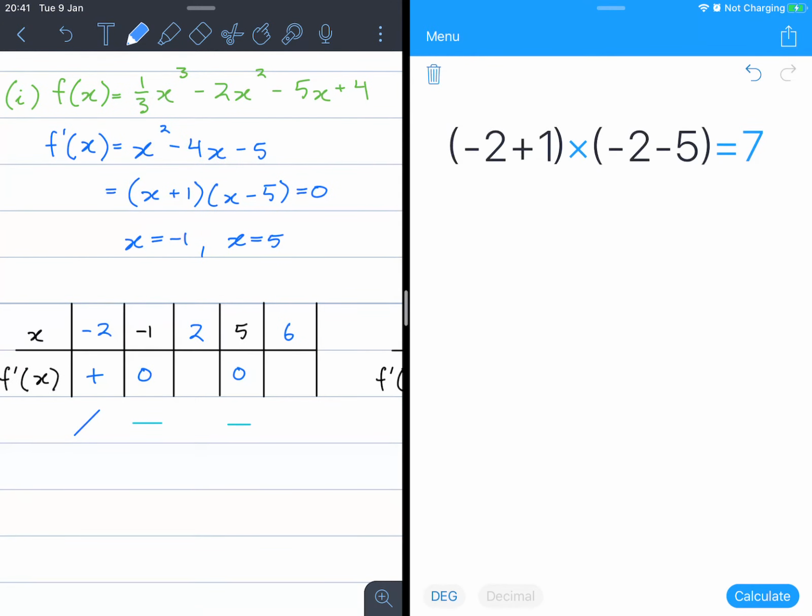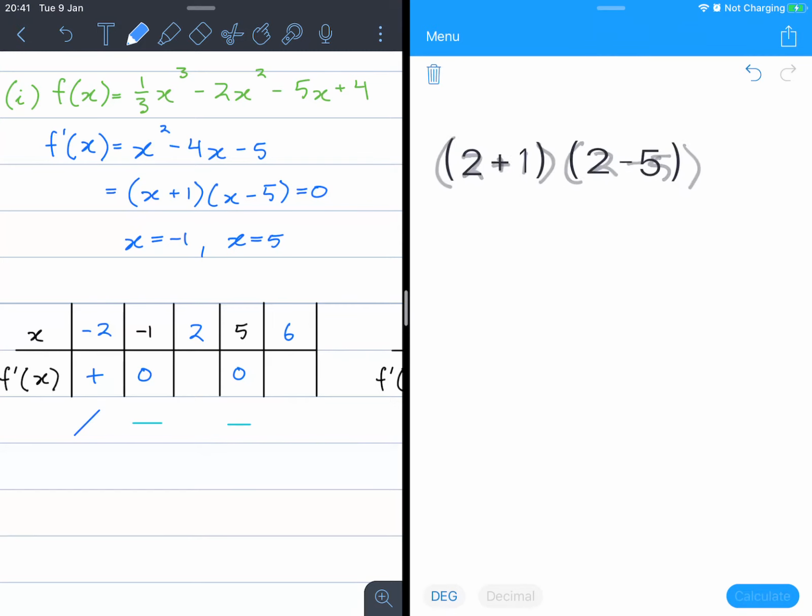Now if we put the value of +2, so 2 plus 1, 2 minus 5, that's -9, which is negative. So that's a decreasing gradient.